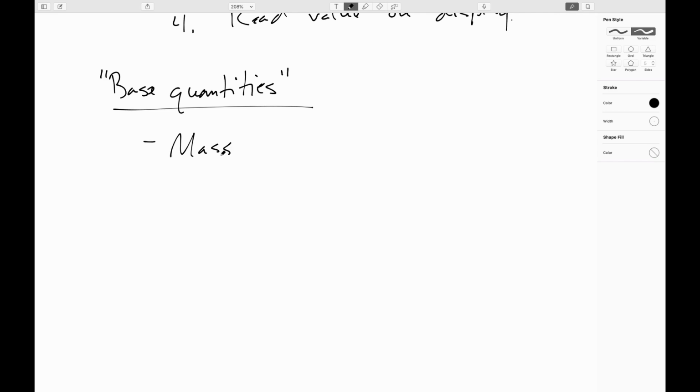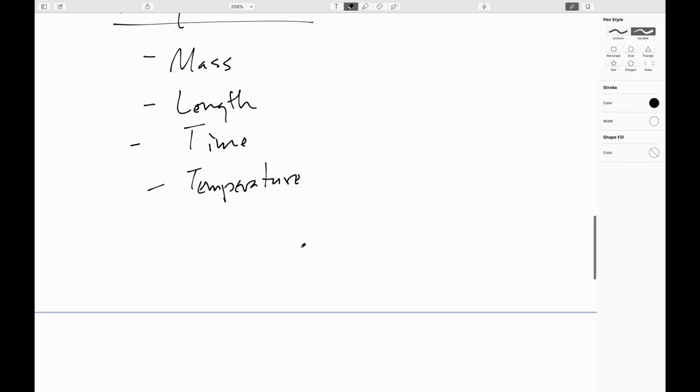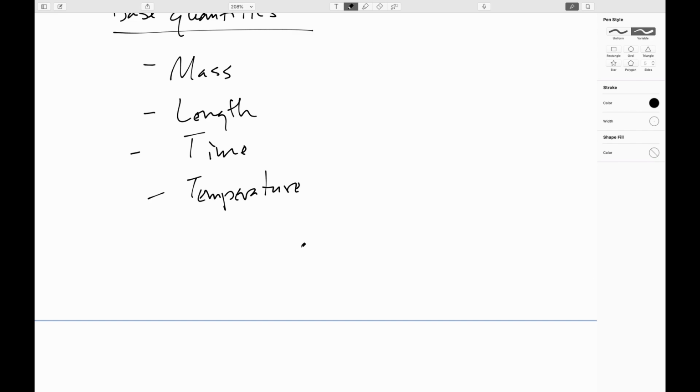So that includes things like an object's mass, its length, time, like we've already mentioned. Temperature is another one. Those are mostly the ones we'll worry about in this class.